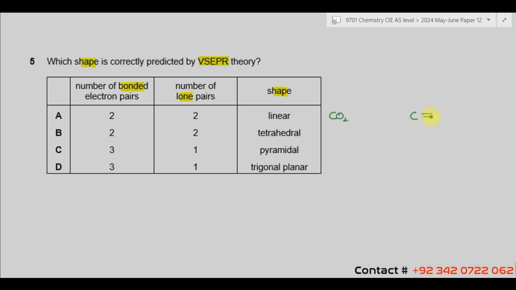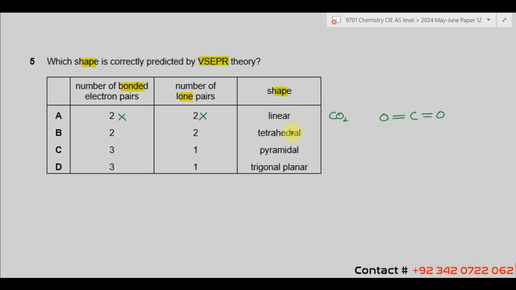In CO2, a carbon makes double bond with one oxygen and a double bond with another oxygen. Carbon has only 4 electrons in the outermost shell, all of which are involved in bonding. So number of lone pair is 0. And number of bonded electron pairs is 2, which is also wrong. It is 4. There are 4 bond pairs of electrons and 0 lone pairs of electrons present with carbon.